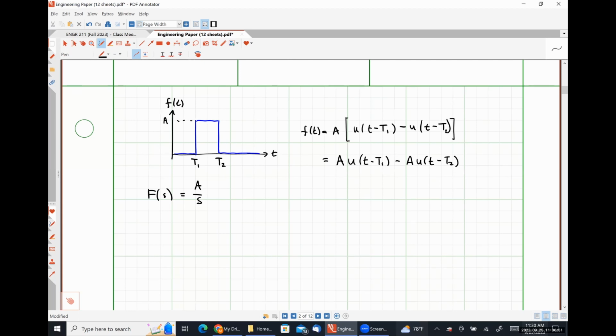How do we take into account that time shift? e to the negative s t1. For my second guy, it's going to be the exact same thing, except t2.